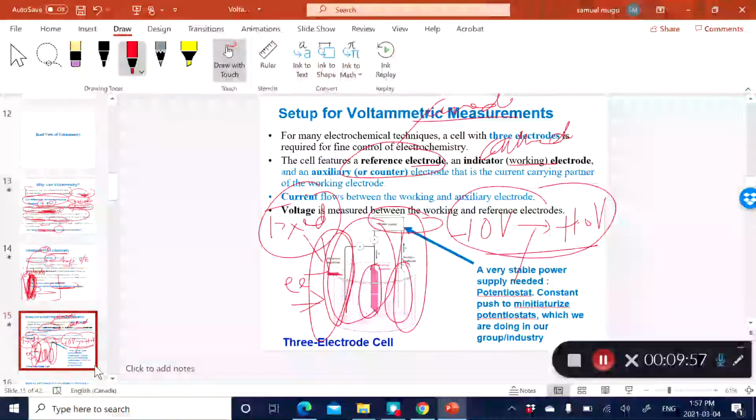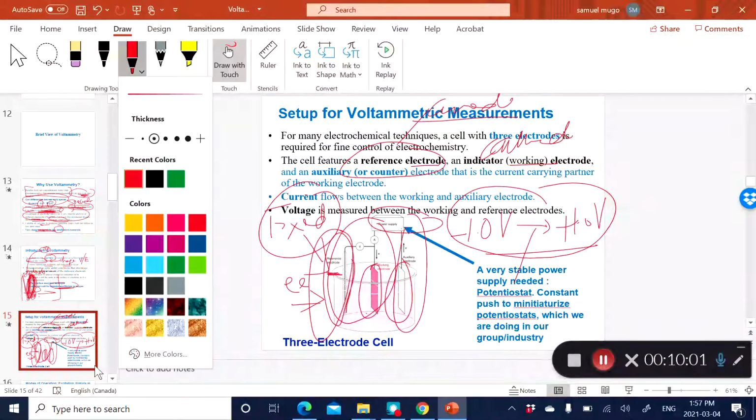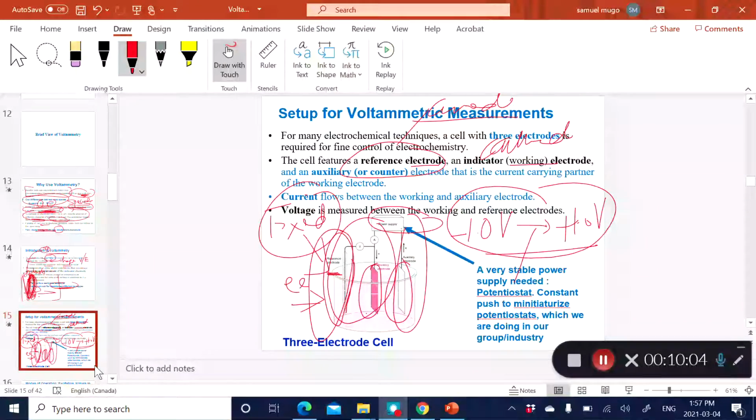Now, you see in the industry, people are trying as much as possible to miniaturize potentiostats. Other than making them very stable, people are trying to see if they can make them very, very small. And I work a bit with industries around. We are trying to make our own very small, miniaturized potentiostat that we can use for our research lab, because the potentiostat you guys use in the lab costs around $3,000, which is still a bit expensive.